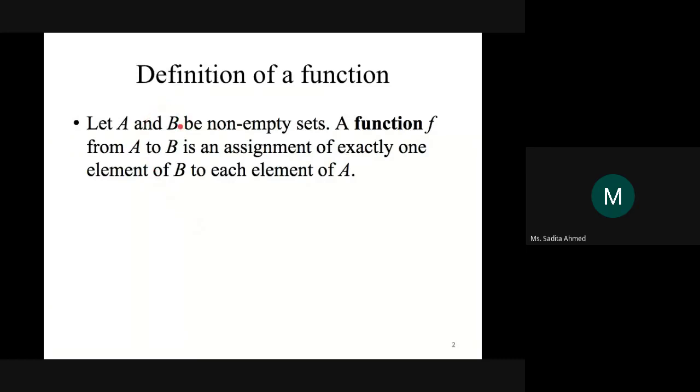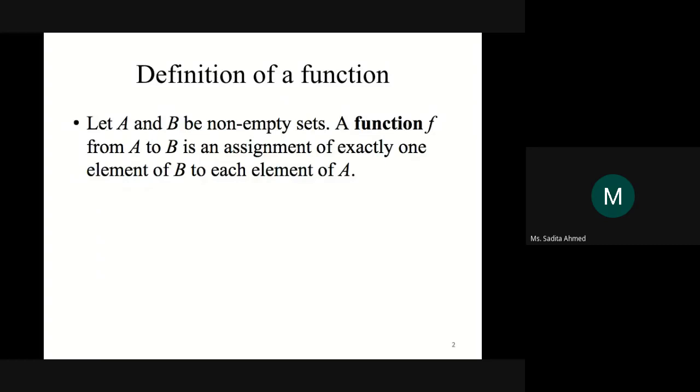So each of the elements from the domain, or the set on the left-hand side, has to be mapped to exactly one element of the right-hand side. This is the second condition: to exactly one on the right-hand side. So each of the elements from A that you're mapping can be mapped to only and only one element from the right-hand side.